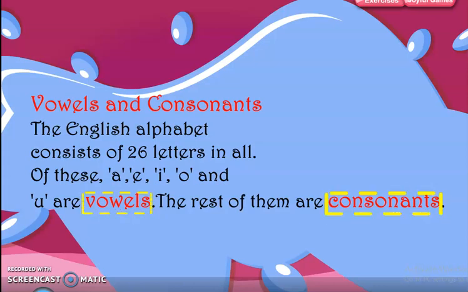Of these, A, E, I, O and U are vowels. The rest of them are consonants.